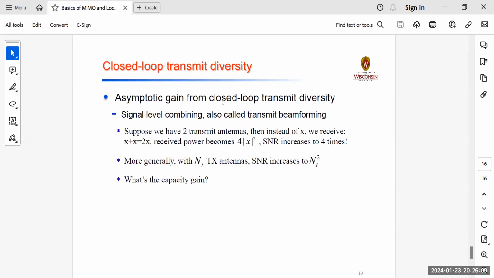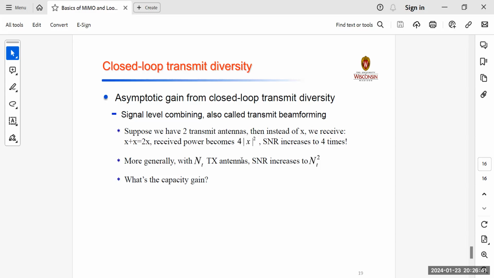The asymptotic gain from closed loop transmit diversity, the signal level combining, is also called transmit beamforming. Suppose we have two transmit antennas, then instead of X, we receive X plus X, that is 2X. The signal power becomes 4X square. So SNR is increased to 4 times. So in case of open loop diversity we had a linear increase, whereas here we have a significantly larger, close to exponential, increase.